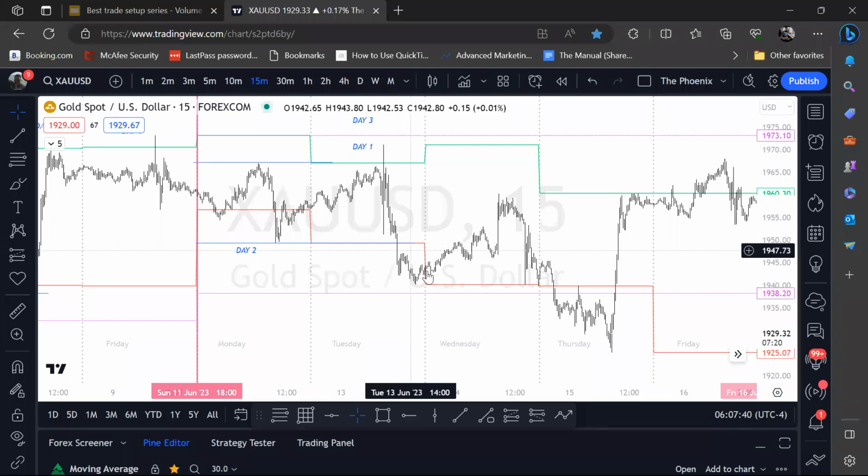All right, coming into day two, what happens is we have a close back inside of the range.